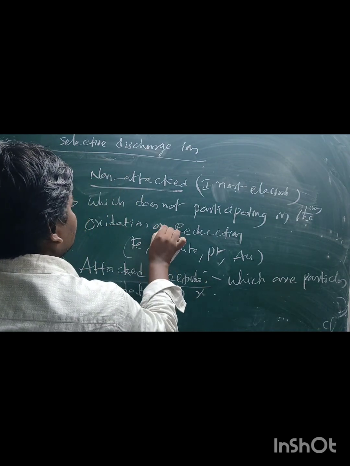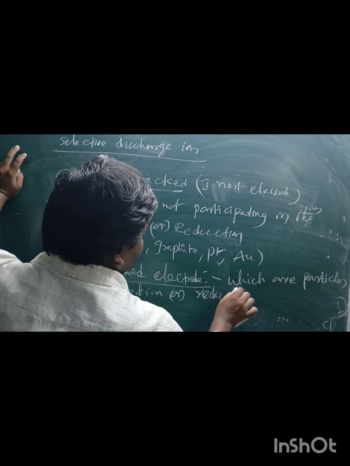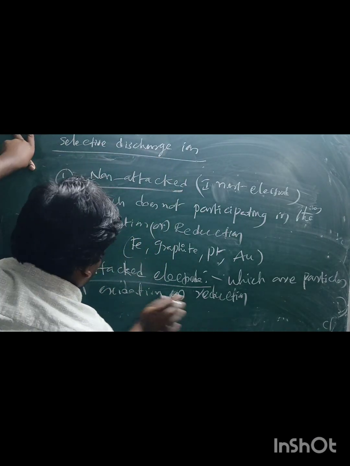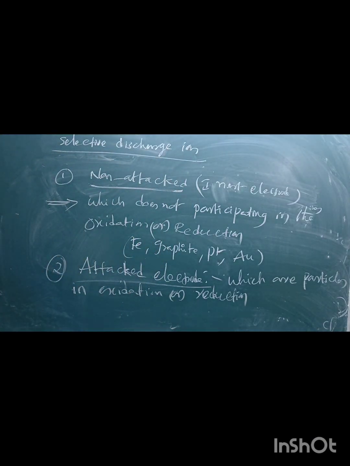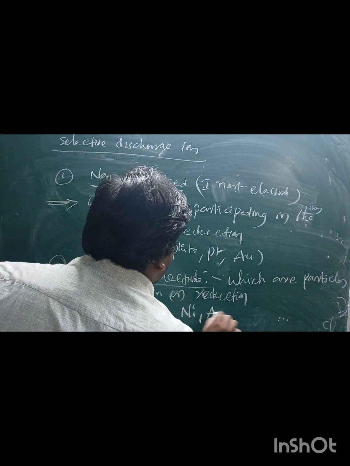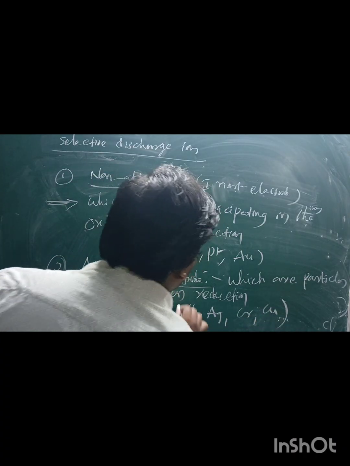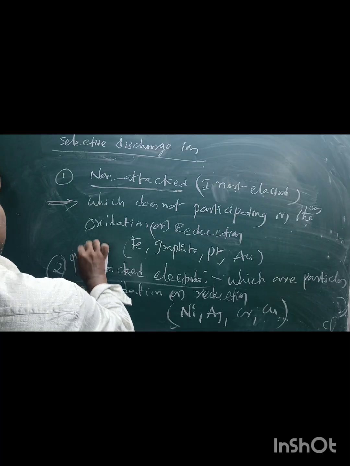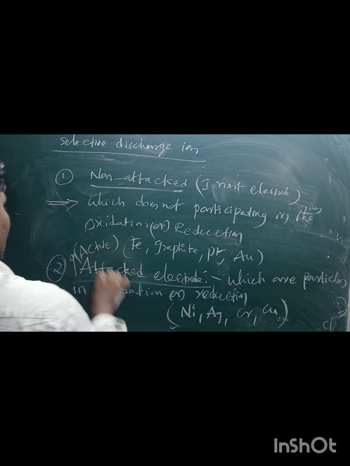Examples of chemically attackable or active electrodes: nickel, silver, chromium, copper. These are examples of attacked electrodes, which are also called active electrodes.